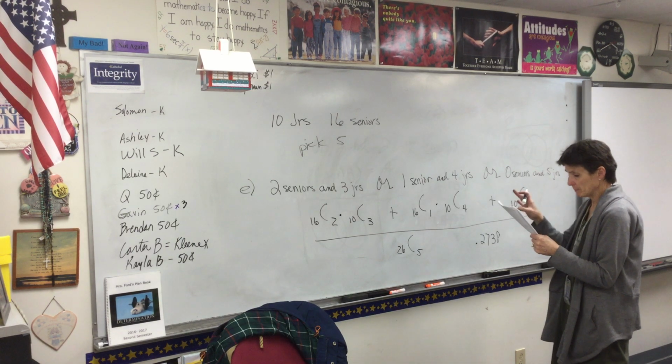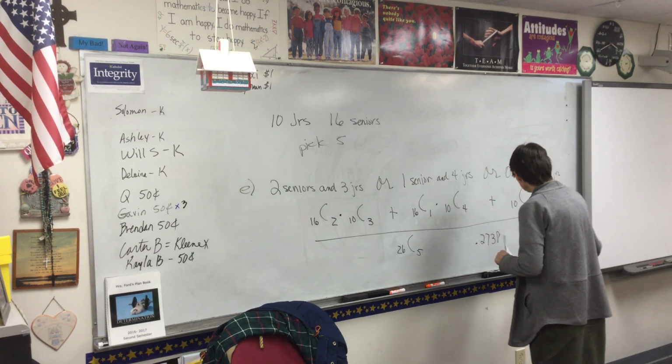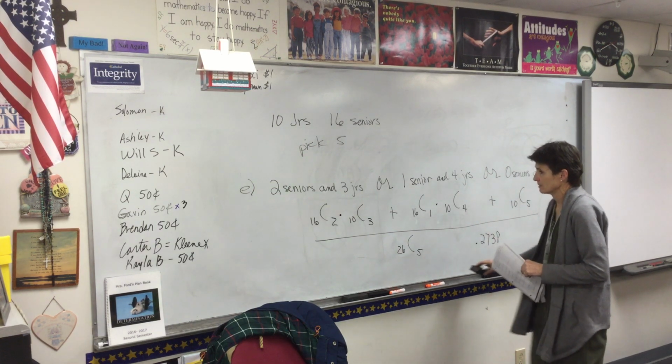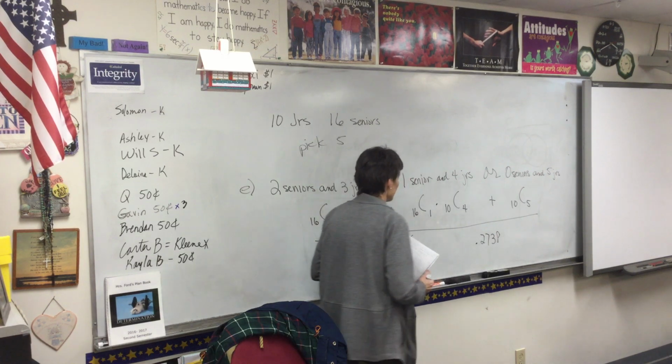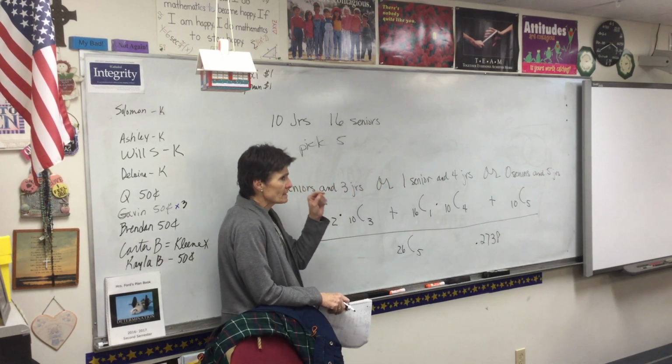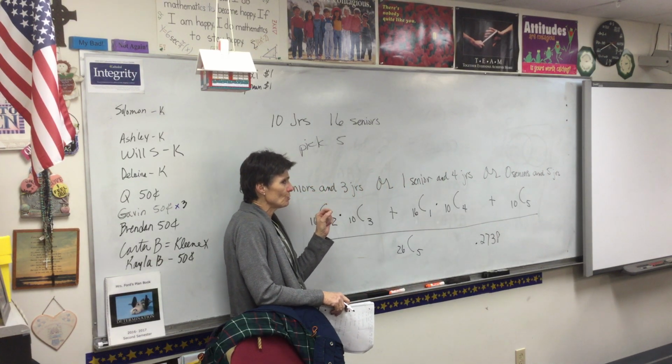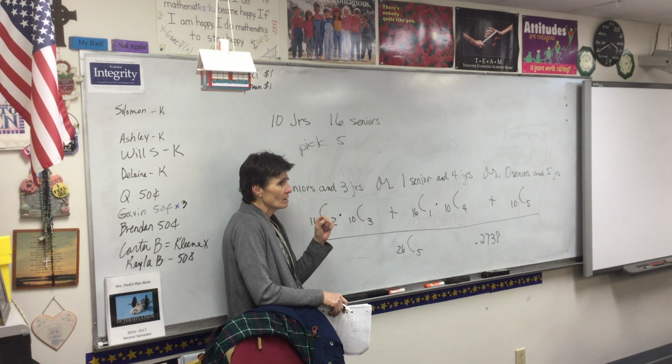We're picking 5 people still. We want more juniors than seniors. Now, wait a minute. What does that mean if we want more juniors than seniors out of 5? That would mean we'd have to have either 3 juniors or 4 juniors or 5 juniors. Didn't we just do that?